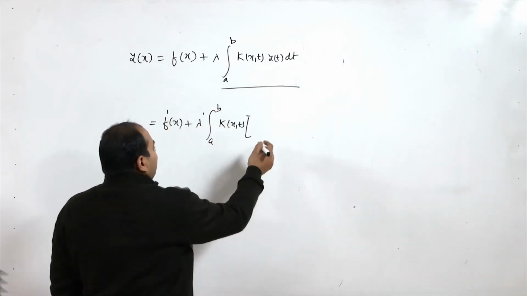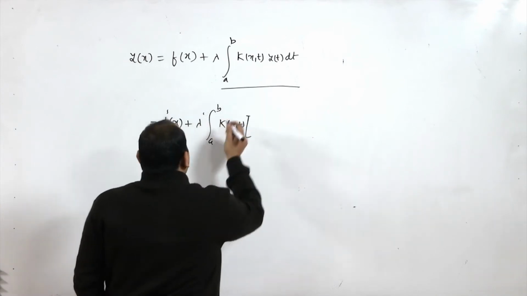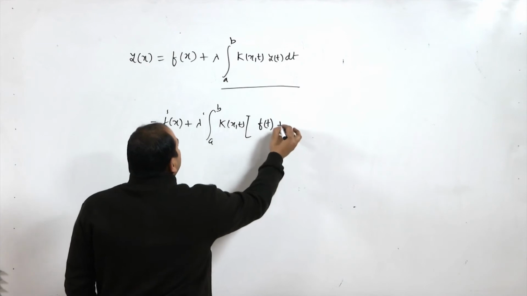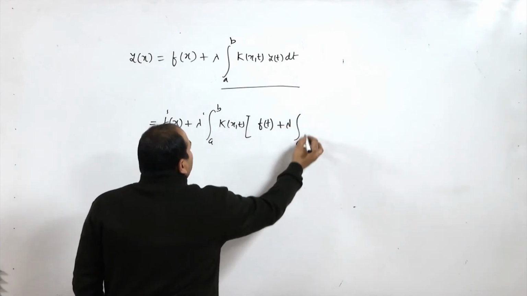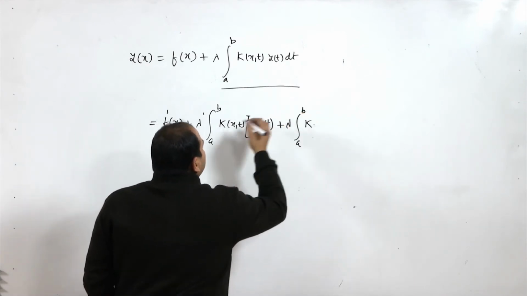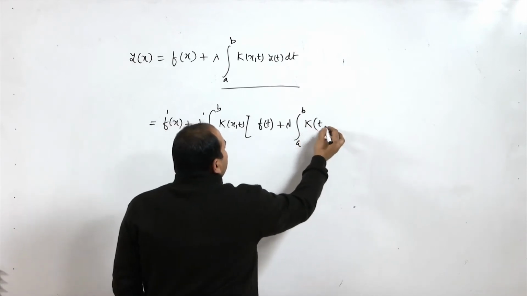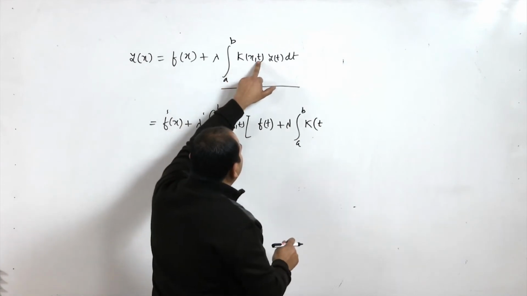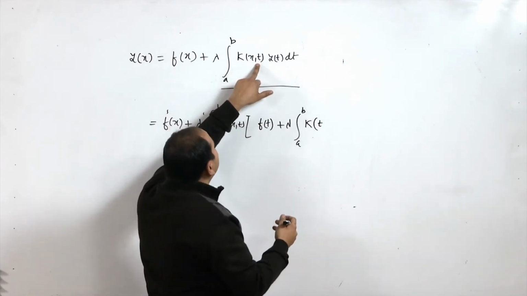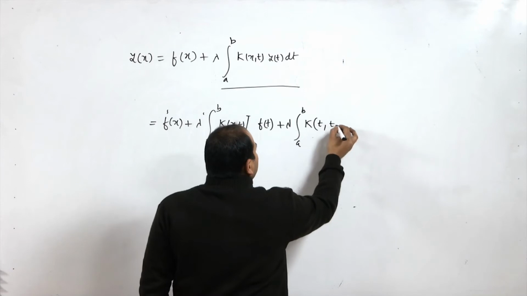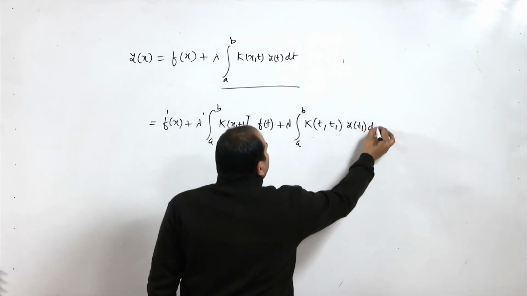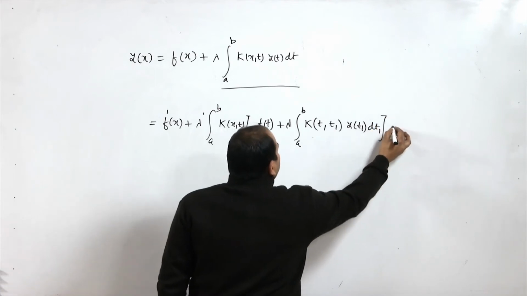So I am writing y of t as f of t plus lambda times the integral from a to b of k of t, and if in place of x I am using t, then I have to use some other variable here. So let us use t1: k of t,t1, y of t1, d t1, and this is dt.